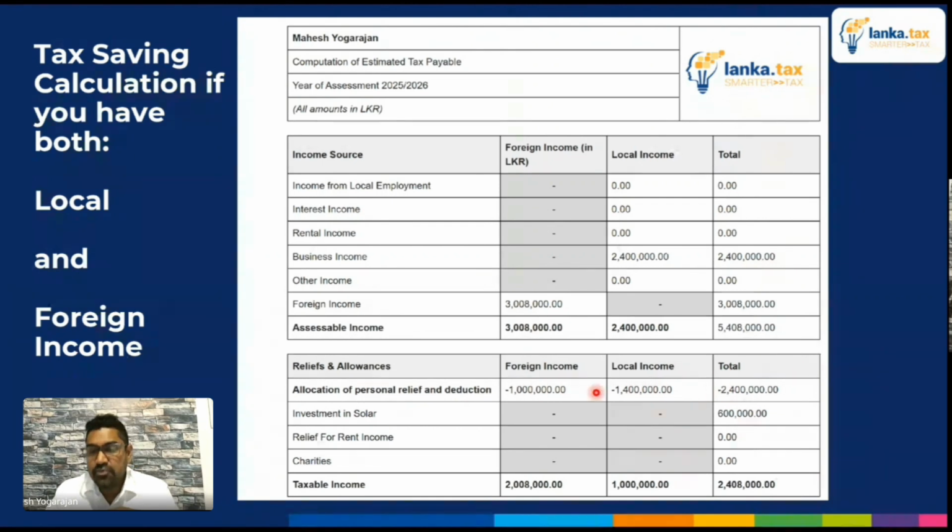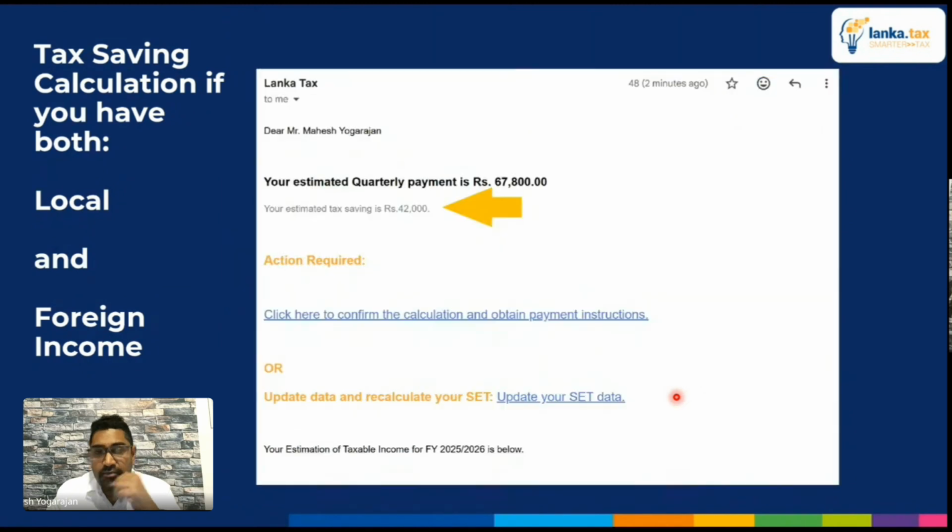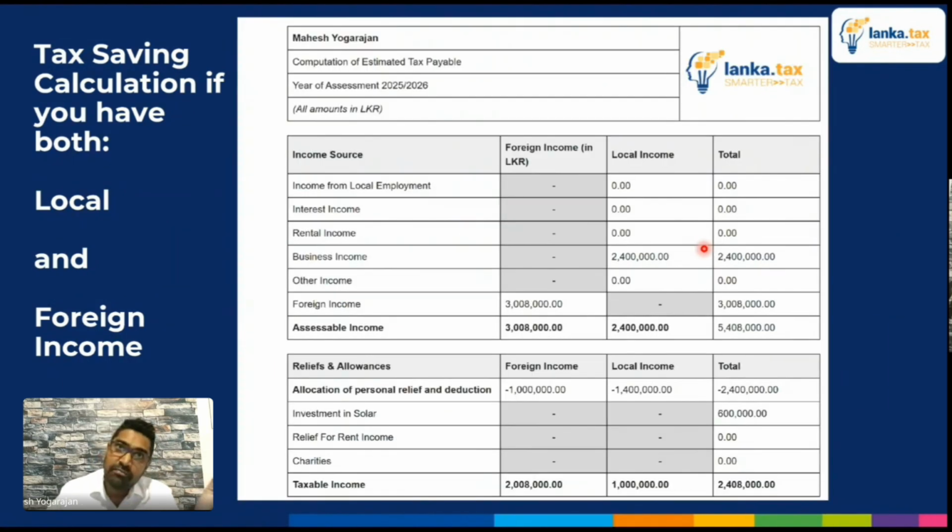We've figured out the ideal formula to split the income between foreign and local income, and we have saved you an additional 42,000, aside from the 15% of $2,000, which is another 90,000. So 130,000 something saved on this calculation alone.